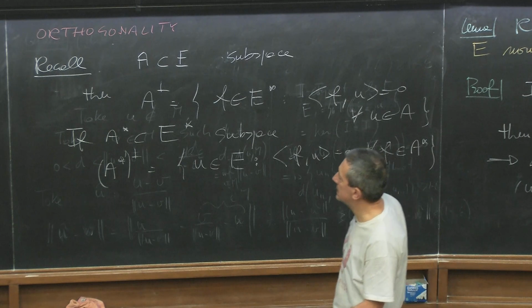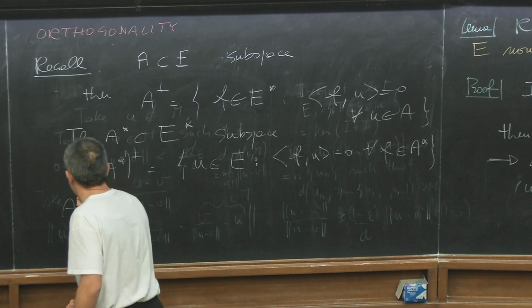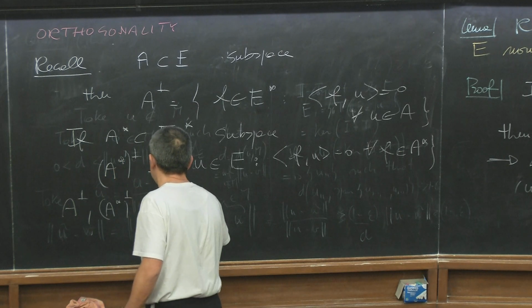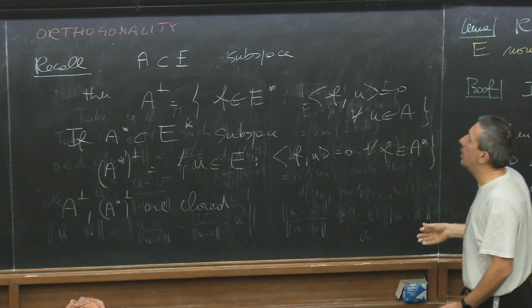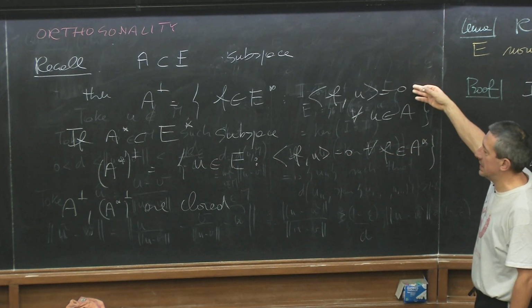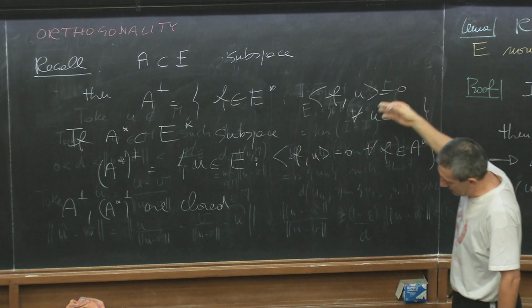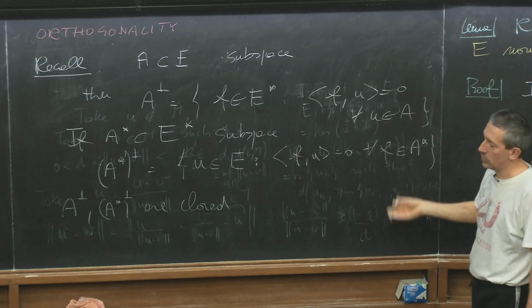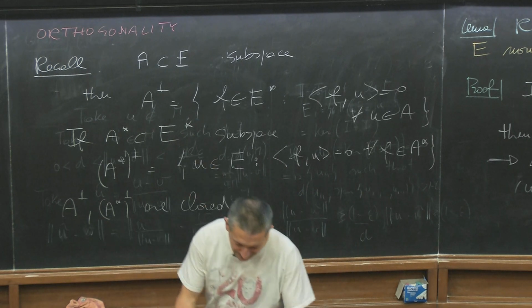So the first remark is that these two objects are closed. A orthogonal and A star orthogonal are closed, because they are intersections of closed subspaces. Here, this is weak star closed, and this is weak closed. So particularly, they are closed.